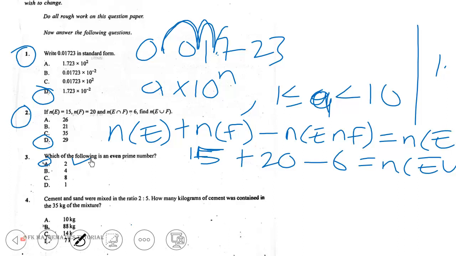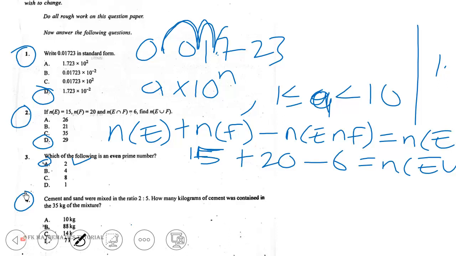Cement and sand were mixed in the ratio 2:5. How many kilograms of cement was contained in 35 kilograms of the mixture?